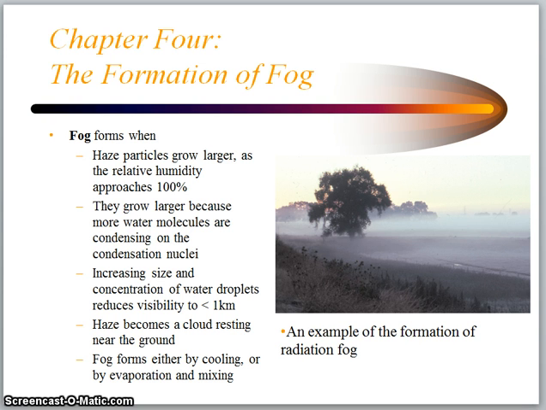And that haze becomes a thicker cloud resting near the ground. Fog can form either by cooling of the air or via evaporation and mixing of the air. The picture at right actually comes from a different chapter, but it shows you the example of the formation of ground fog or radiation fog, which of course is very common on winter mornings here in the San Joaquin Valley.